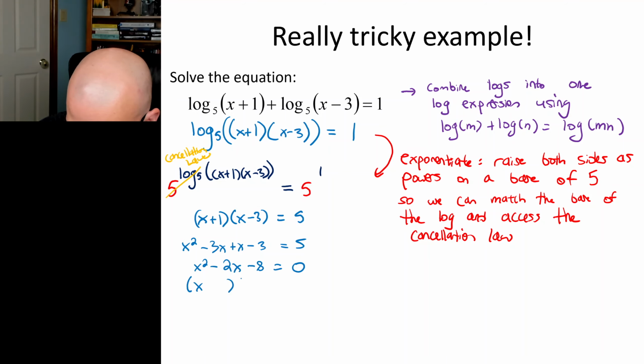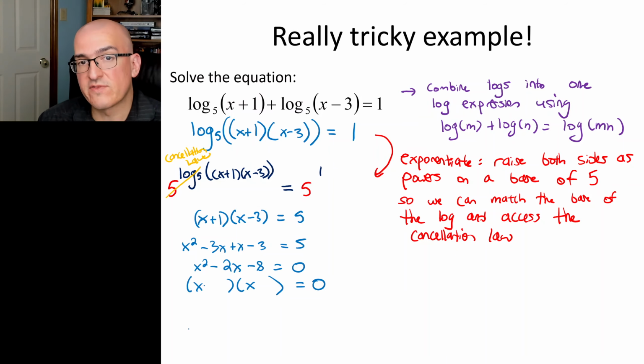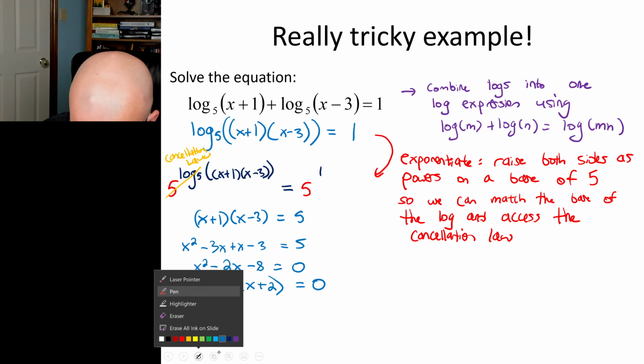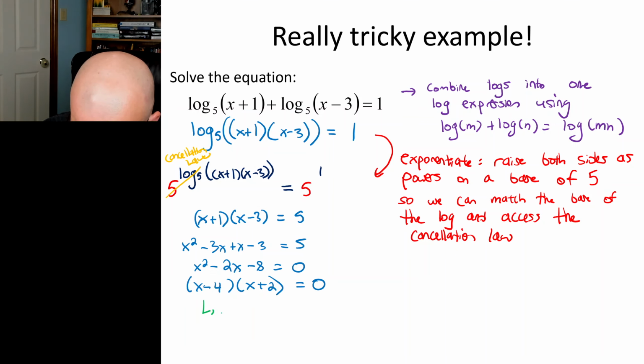So we need mystery numbers that multiply to give -8 and add to give -2. So -4 and +2 will work. And then what happens next is it looks like we have two solutions. We have x is equal to 4 and x is equal to -2.